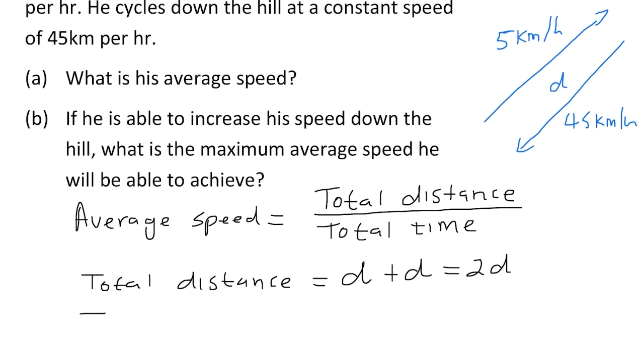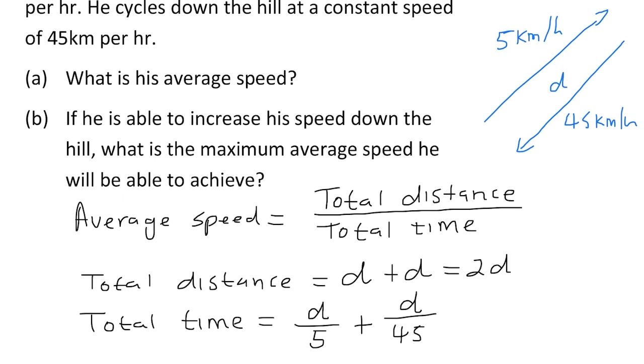And total time, we'll use our formula, distance over speed. So going up the hill, it will be the distance d divided by the speed of 5 kilometers per hour. And we will add the time going down the hill, which will be d divided by the speed of 45 kilometers an hour.